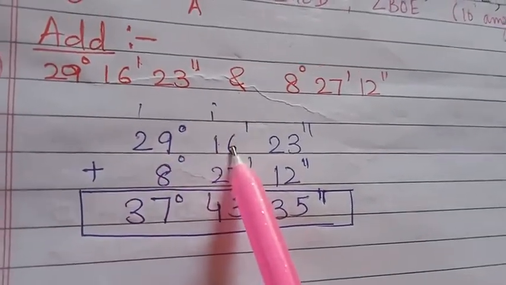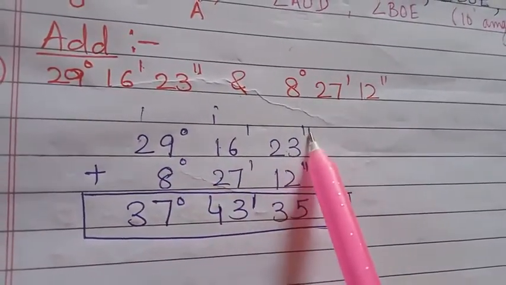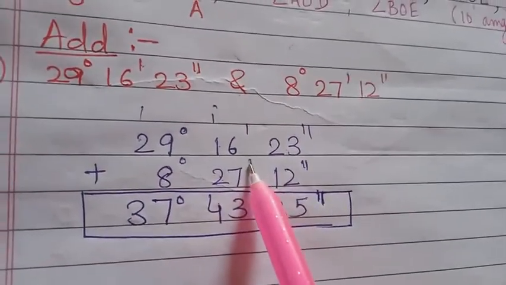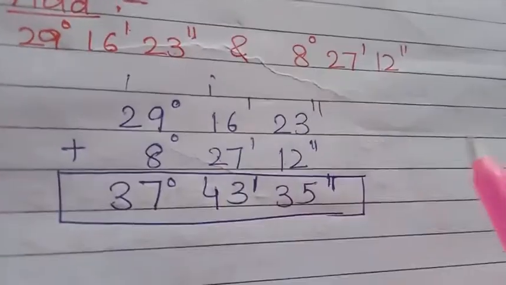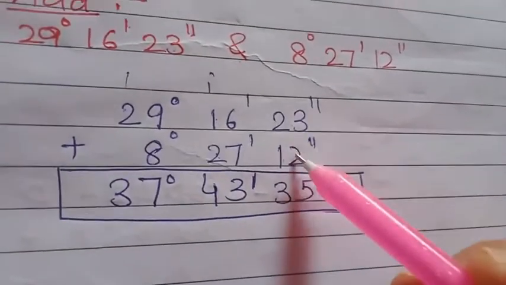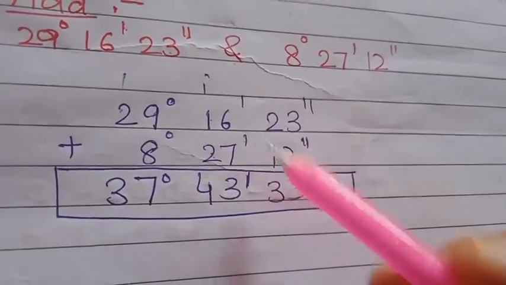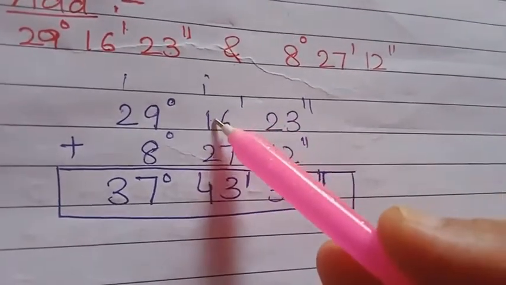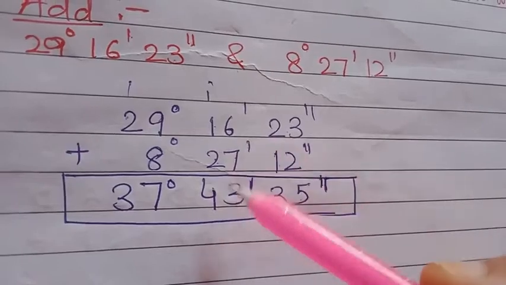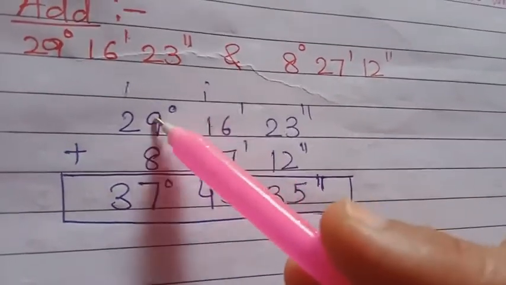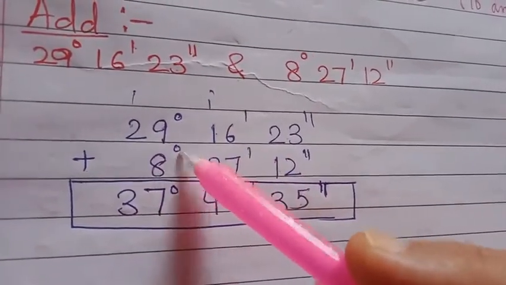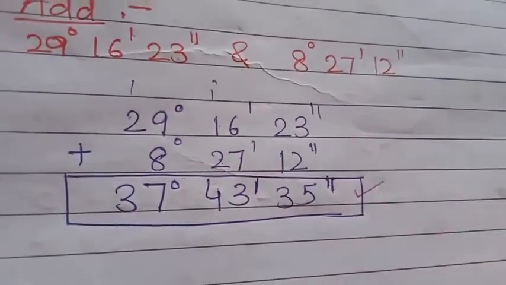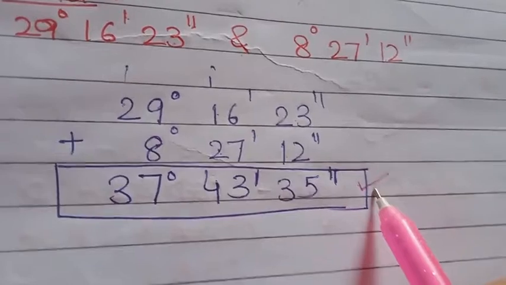As the usual way, 3 plus 2 is 5, 2 plus 1 is 3. 16 minutes plus 27 minutes gives you 43 minutes, and 29 degrees plus 8 degrees gives you 37 degrees. So this is the final answer. No need to change here.